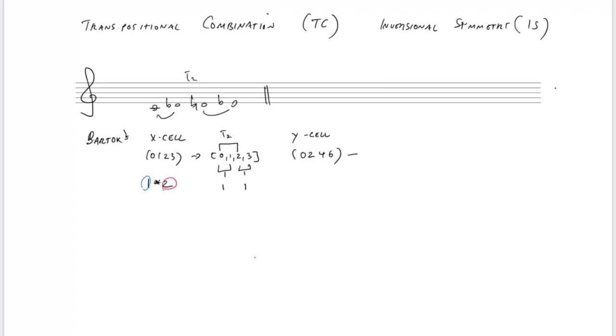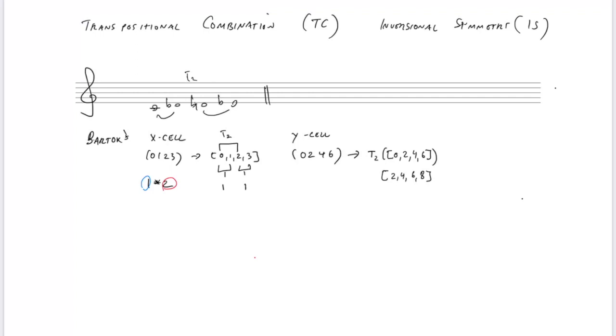And if we write it out in pitches, let's transpose this one to something else so it's not so boring. Let's transpose it up to D, so we're going to do T2, and we convert it. 0246 becomes our pitch class collection, 2, 4, 6, 8.